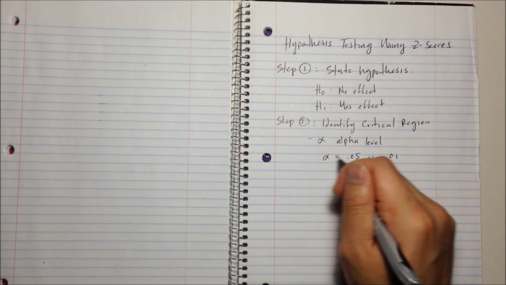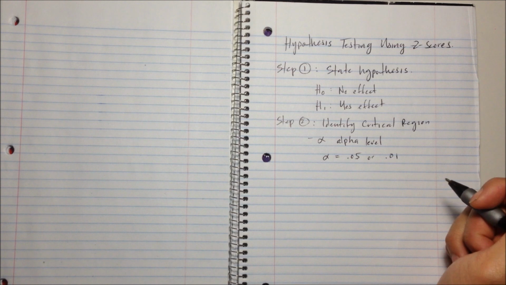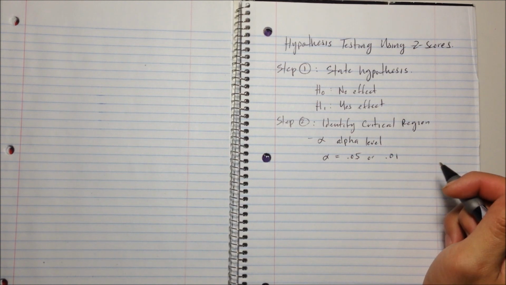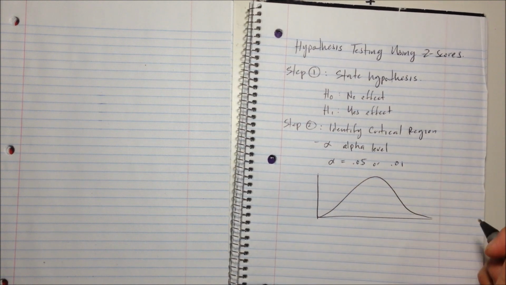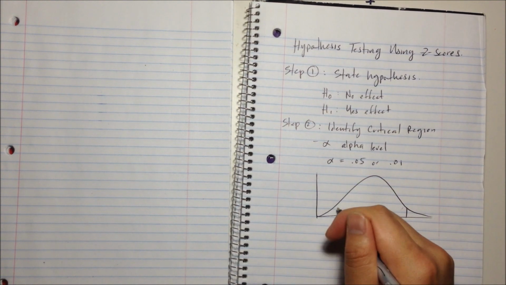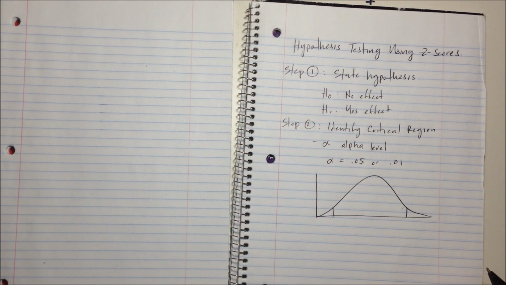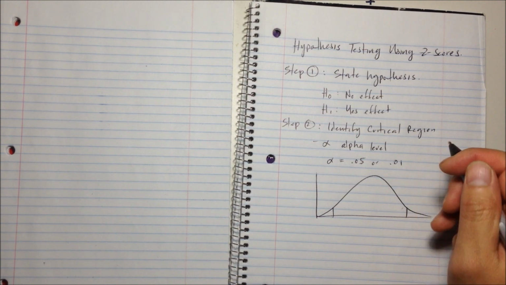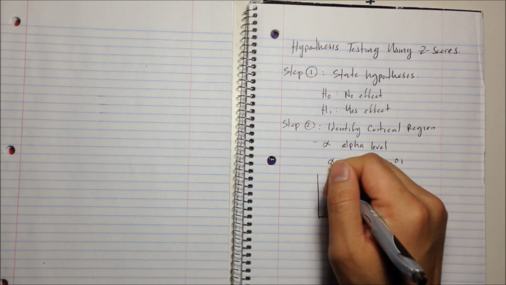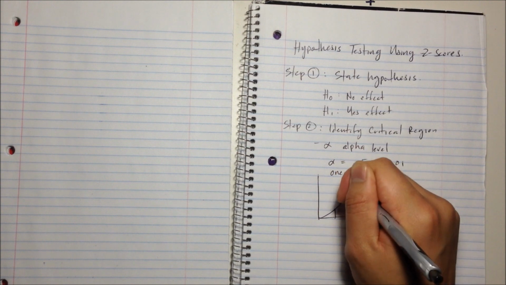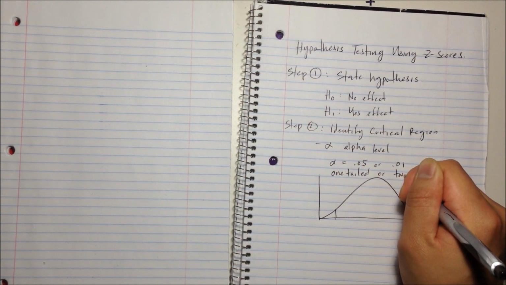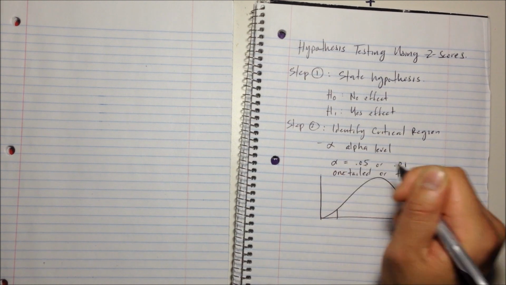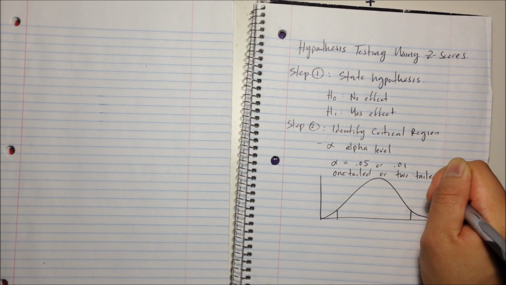We can only say that when it lands in the critical zone. So, okay, let me draw this out real quick. If this was 5%, and it's a two-tailed test. So the next thing we need to know is, is it one-tailed or two-tailed? Okay.